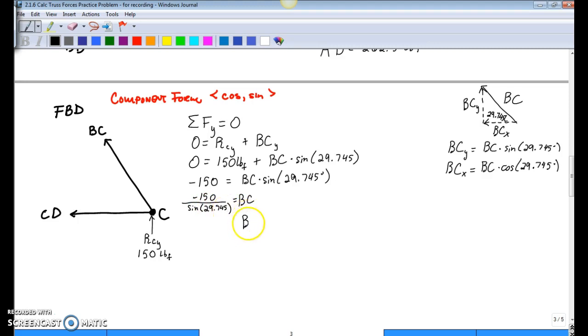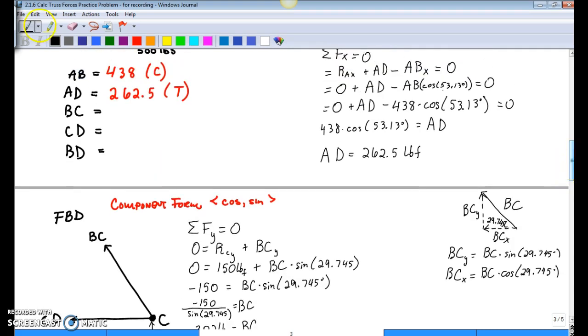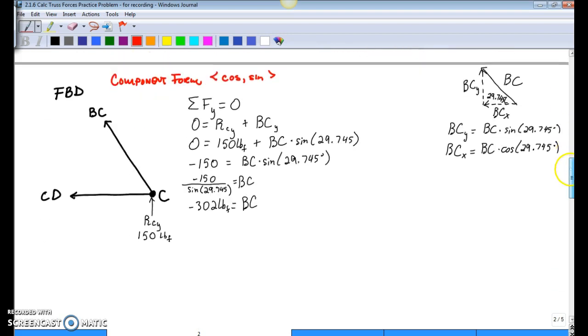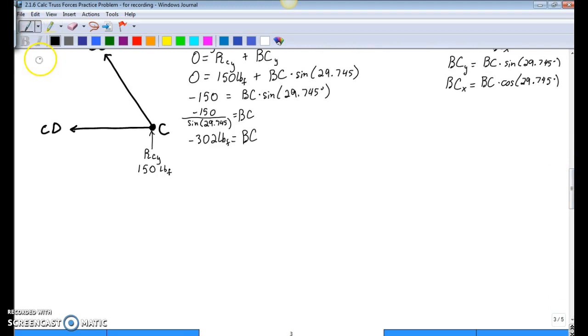BC is negative 302 pound force. As always, we get a negative number for an internal force. What that means is that our initial assumption that it was in tension is wrong. So we answer BC as a positive 302, and then we note in parentheses that it is in compression.